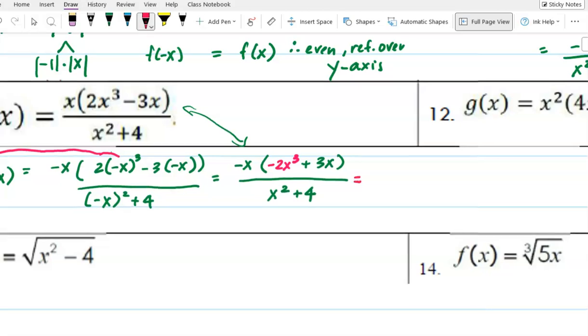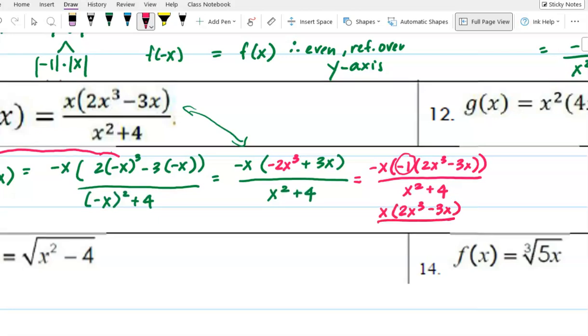is I can keep that the way it is, but I could factor out a negative 1. It gives me 2x cubed minus 3x over x squared plus 4. And here I could take that out and multiply it by the negative x, 2x cubed minus 3x over x squared plus 4.